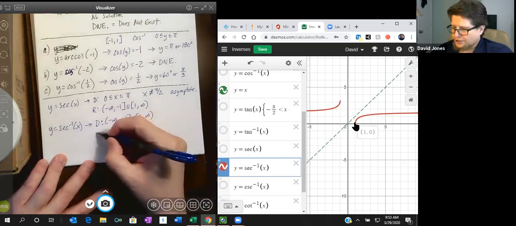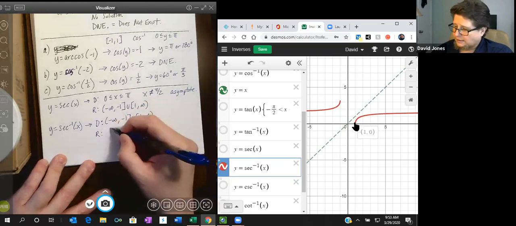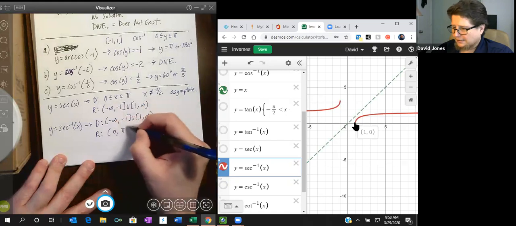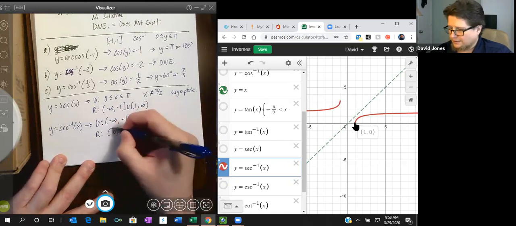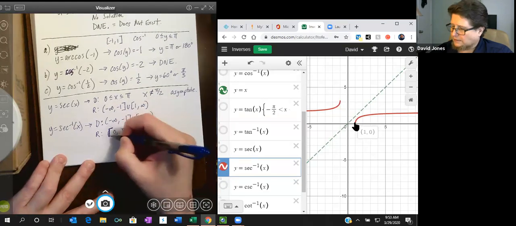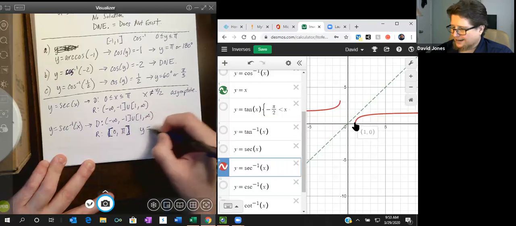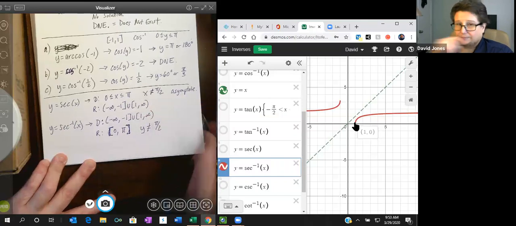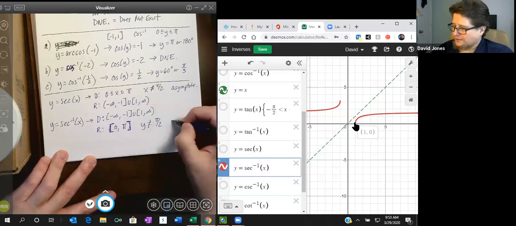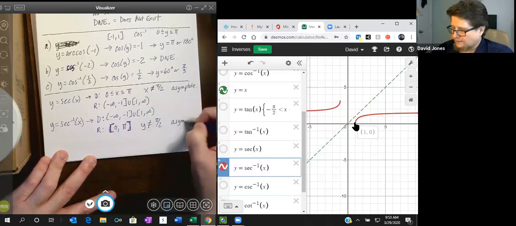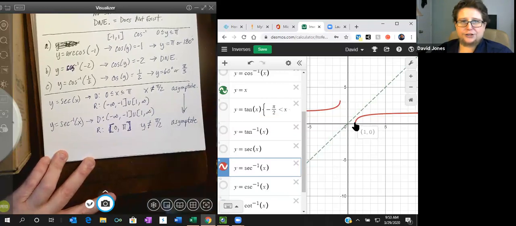The range is 0 to pi. It does equal 0. It does equal pi, but y cannot equal pi over 2. That's an asymptote. So when we swap x and y values, the asymptote changes.